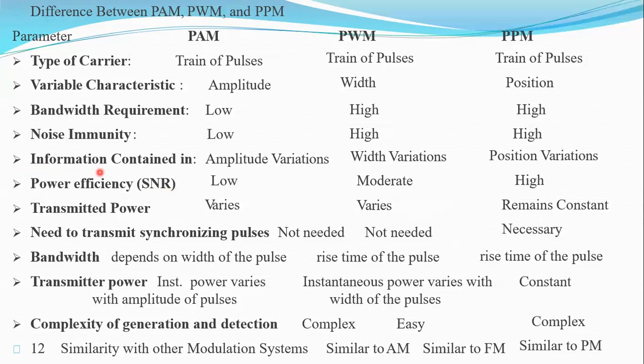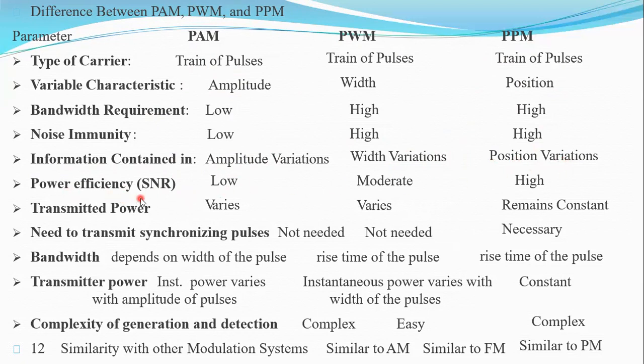And what are the varying parameters here? That is, in which parameter does the information contain? In pulse amplitude modulation, amplitude varies, in pulse width modulation, width will be varied, and in pulse position modulation, position varies.